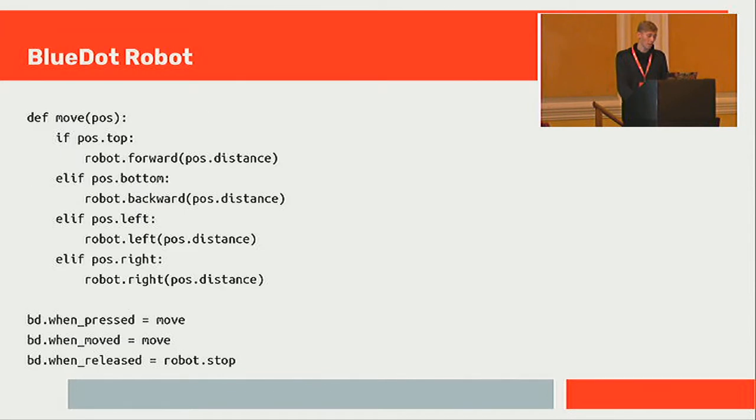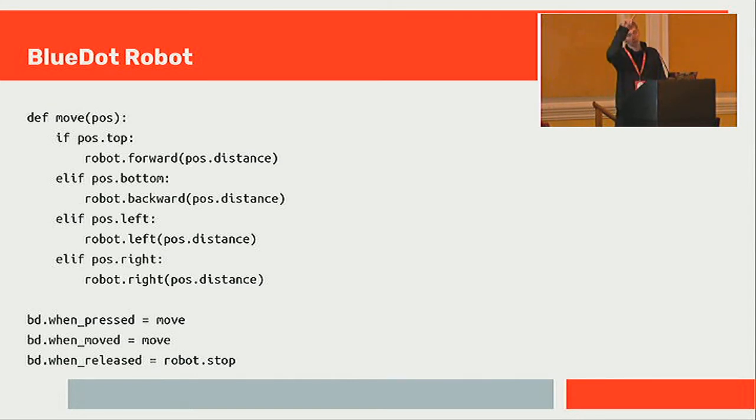Now the blue dot doesn't just have the concept of being pressed or not, it also has a position. So wherever your thumb is on the circle, you can read that and use it as a controller. So this is an example using your thumb position on the dot to control driving a robot. When the blue dot is pressed, read the position, and if it's in the top quadrant, then go forward at that distance, using that as the speed.